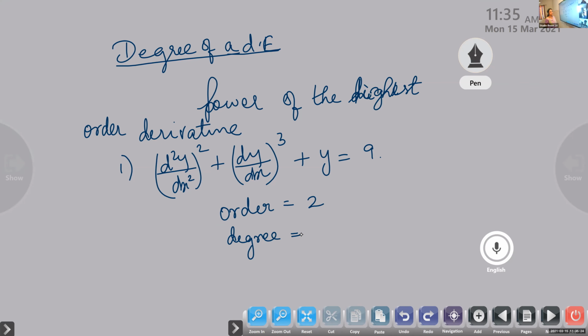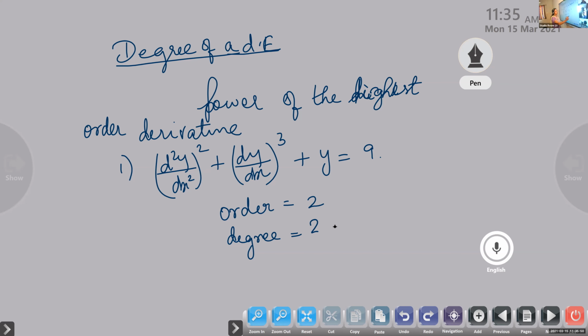So what will be the degree? What is the definition we wrote? It is the power of the highest order derivative. Which is the highest order derivative present here? D square y by dx square. What is the power of that one? 2.